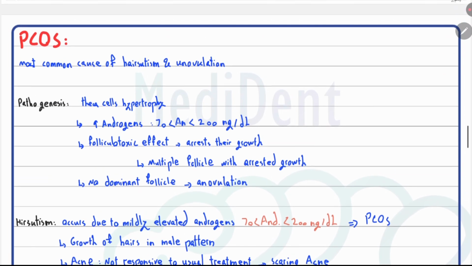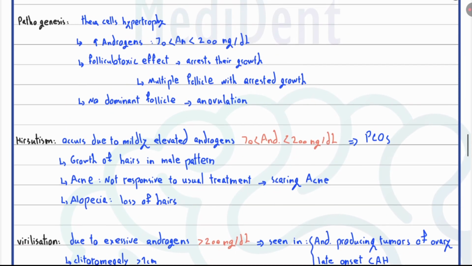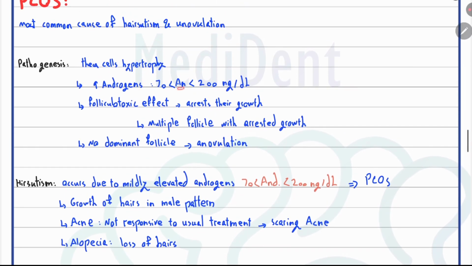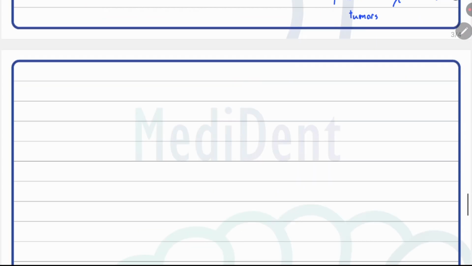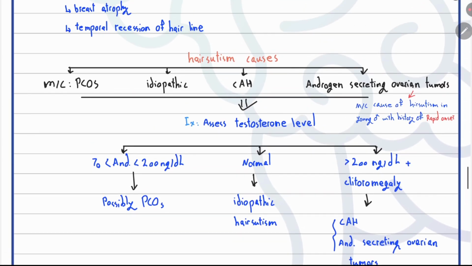Why? Because I told you, in PCOS the concentration of androgens is something between 70 to 200 nanograms per deciliter. If the concentration of androgens is normal, maybe it is idiopathic hirsutism. You have to do more investigations to rule out its causes.